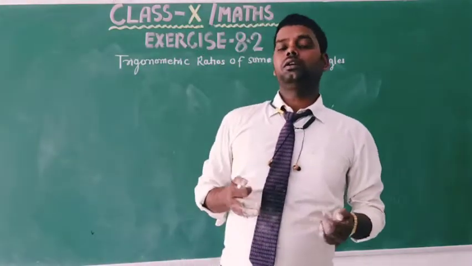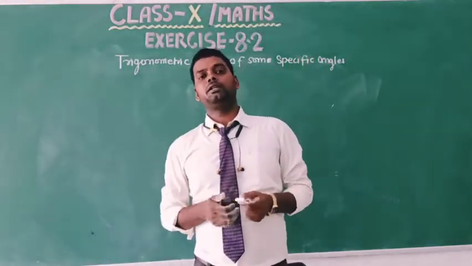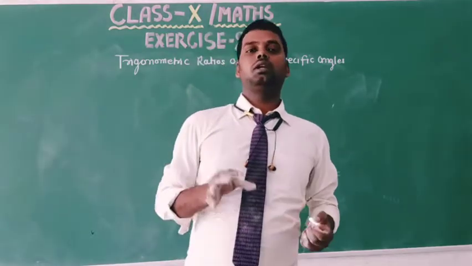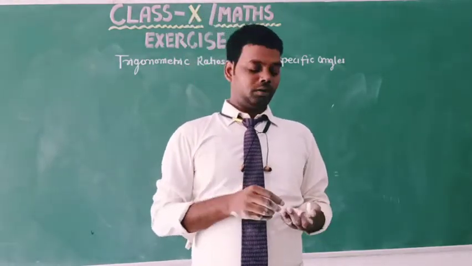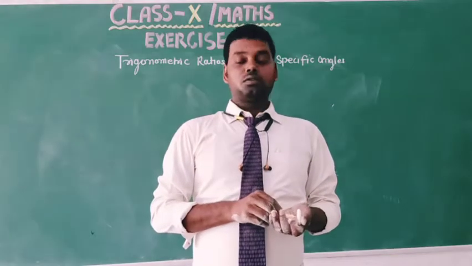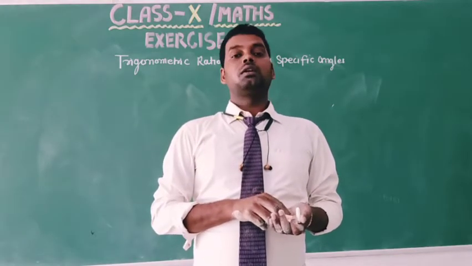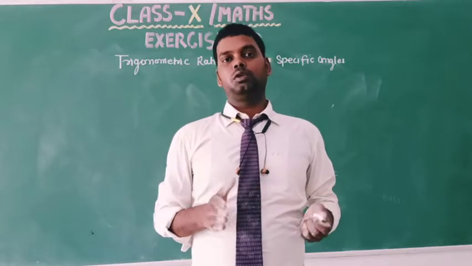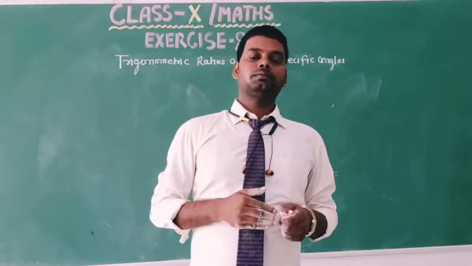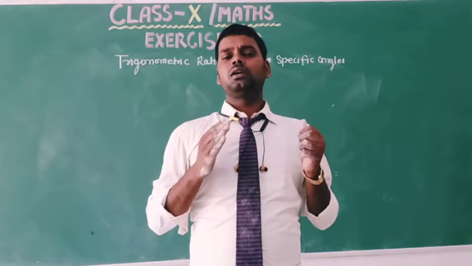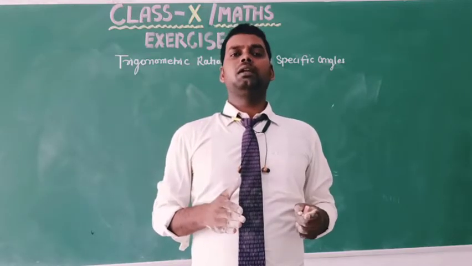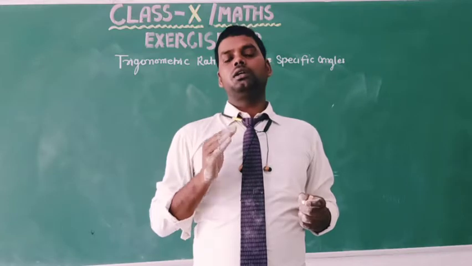Basically, the specific angles for trigonometric ratios are 0, 30, 45, 60, and 90 degrees. Now I am going to explain the values of the ratios for these specific angles.